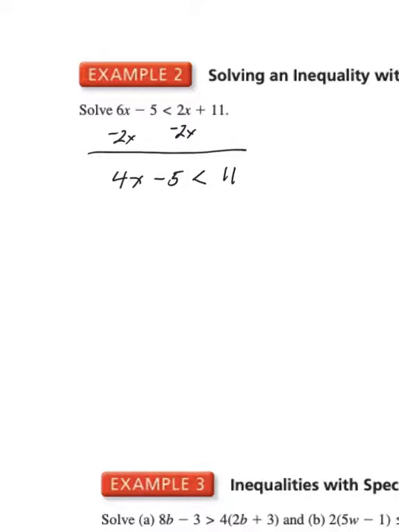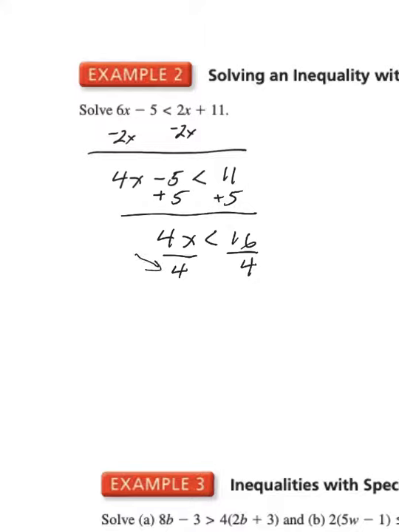And now I'm going to add 5 to both sides, giving me 4x is less than 16, and our last step is a division by 4. Again, it's division by 4, not subtraction, because the x is being multiplied by 4. I need to divide by 4. X in this case is going to be less than 4.